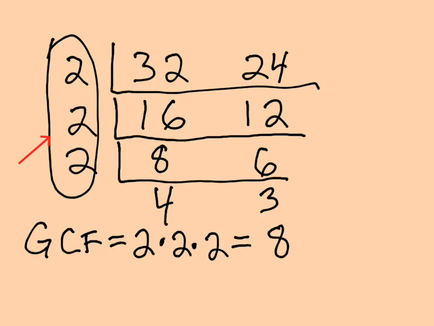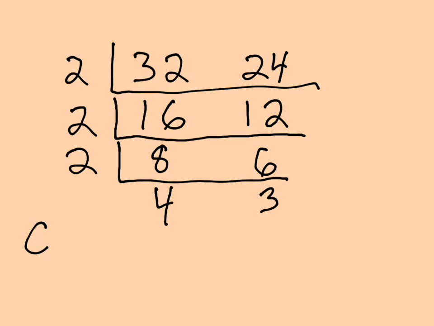Now, a couple more things I want to show with this. So let's get rid of this. If I look at the fraction 24 over 32, then I can write an equivalent fraction that's equal to 12/16.